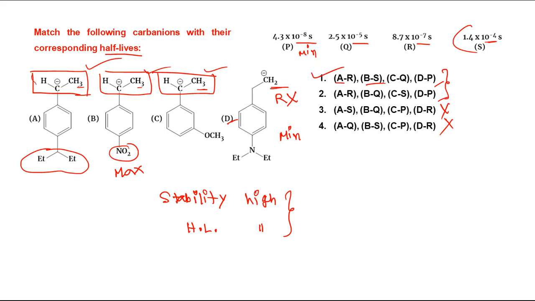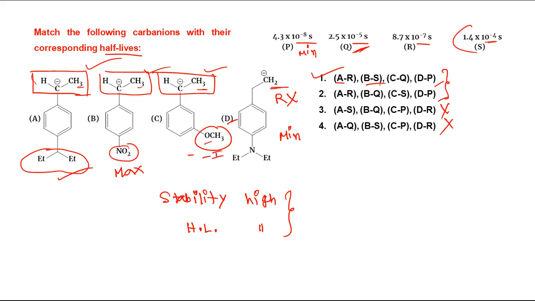But why is A related to R, B related to S? Now the second half-life value is basically Q, 10 to the power minus 5. After minus 4, 10 to the power minus 5 is the next minimum value. So that is why it should be related to C, which is this one. Because with respect to this alkyl group, here OCH3, the minus M effect is not possible, it is at the meta position, but the minus I effect is basically possible.